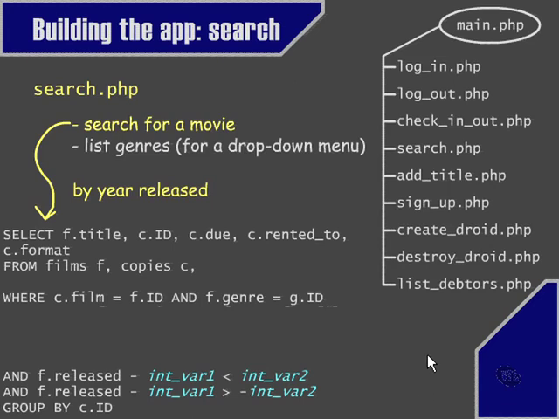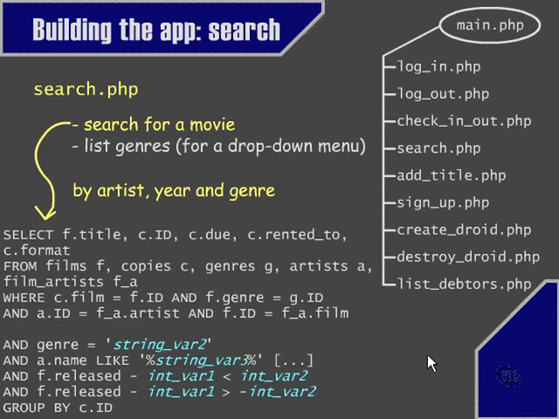Int var1 represents the approximate time in which the film was released, and int var2 represents the ability to search within a number of years around that. So if we want to be really specific and say 1970, we could specify 1 or 0 for int var2. If we wanted to specify the 5 years around 1970, we could say 5 for int var2.